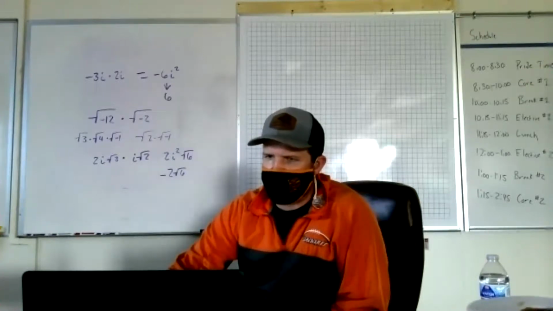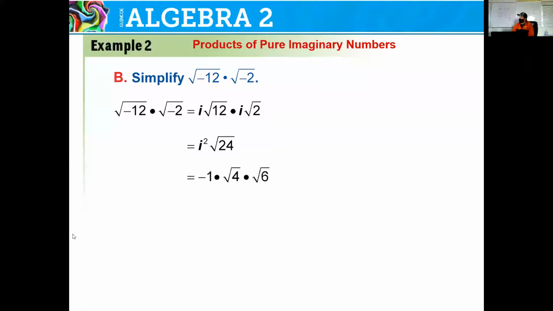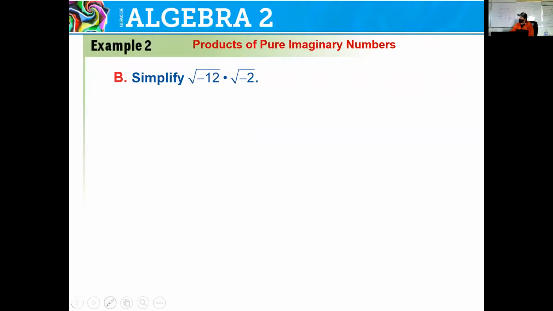They do it just a little bit different than the way I did it. I simplified it first, but you end up with the same answer. So you can see they take the square root of negative 12 and the square root of negative 2. They broke it apart into negative 1 and the square root of 12. That's where the i comes from. Then they multiplied them, get negative 1 times the square root of 24.